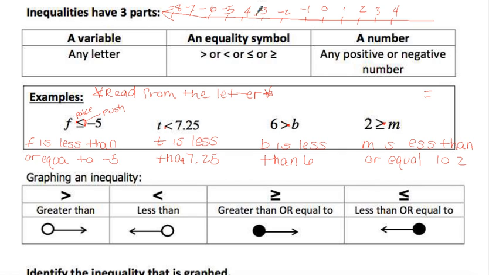So if I come up here, T is not equal to 7.25. It's just less than it. So what we have to do in this case is we're just going to put a placeholder at that 7.25. So the placeholder we're going to use is one of those open circles. So we're going to put a placeholder, and then we know T is less than, so it's going to be a placeholder plus all of these extra below. We don't count the placeholder as an answer. The placeholders, that's why it's the open circle.